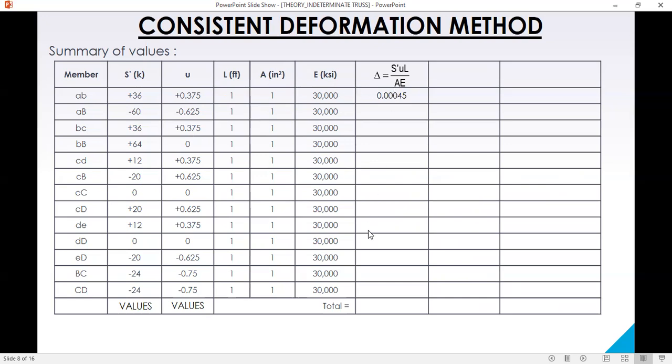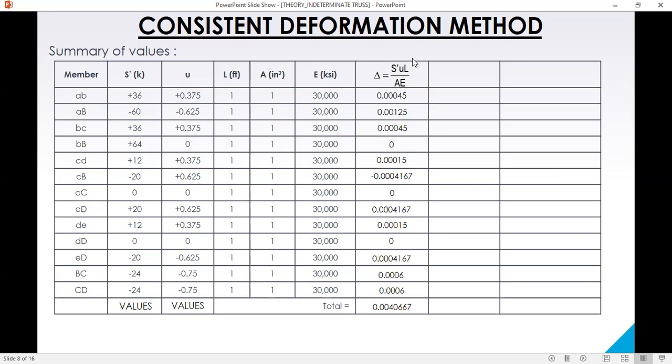Okay, do that up to the last member. So, for all members, same lang is UL over AE. After this, you add, summation, the value is this, or the total is this.